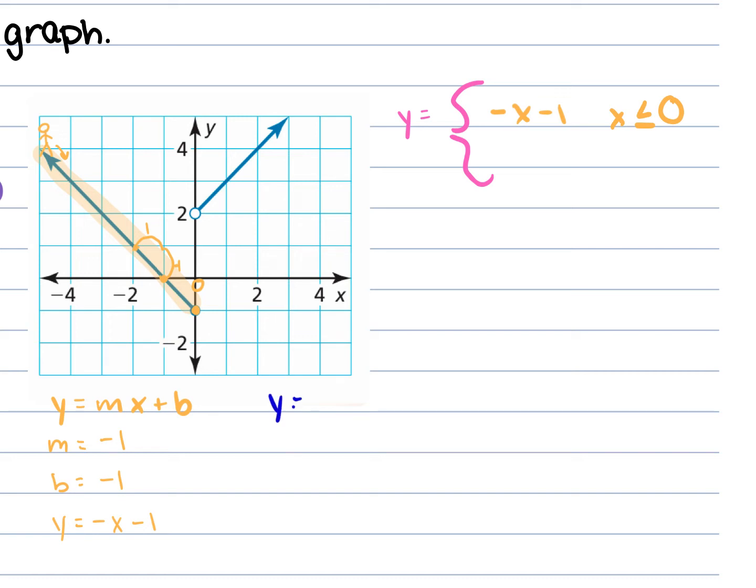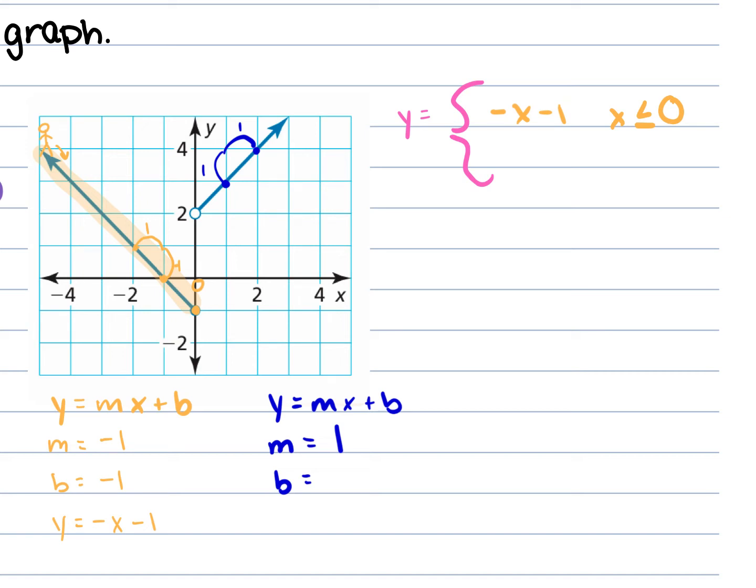So again, we're going to write our equation as y equals mx plus b. So I need to figure out what my m is and what my b is. So to find the slope, we would do rise over run. So pick 2 points. I go up 1, to the right 1. What would my slope be? Just 1? Yep, because it's positive. It goes in the positive direction.